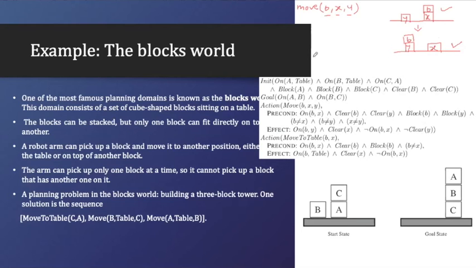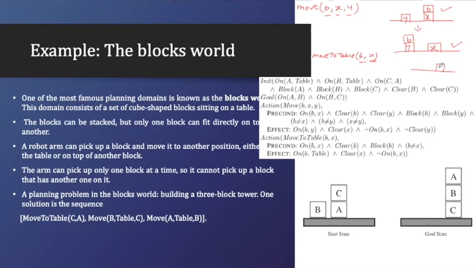Here if you see, move to table. Here we have two variables, B and X. So you understand that we have to move B onto the table, which was previously on top of X. It means what is the precondition we have?